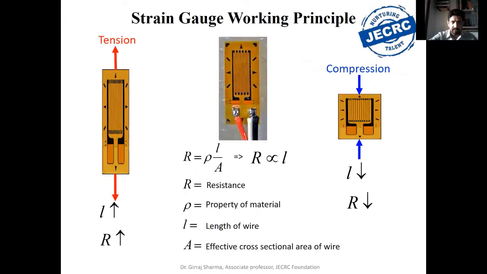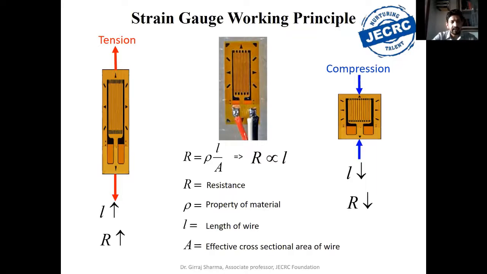Now, let us see the working principle of the strain gauge. It is based on the fact that the resistance of the wire changes when the length and the cross section of the wire change. We know the expression of resistance is R equals rho L by A, where rho is the resistivity, L is the length of the wire, and A is the cross-sectional area.